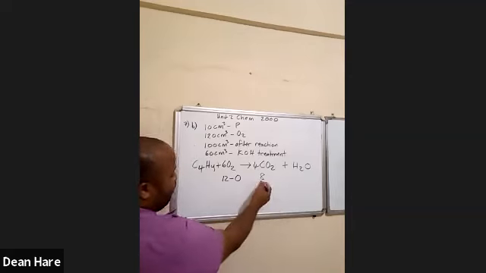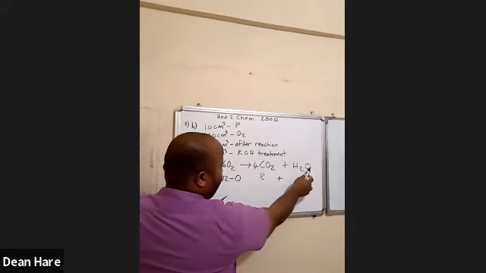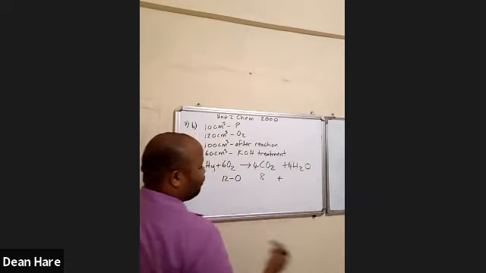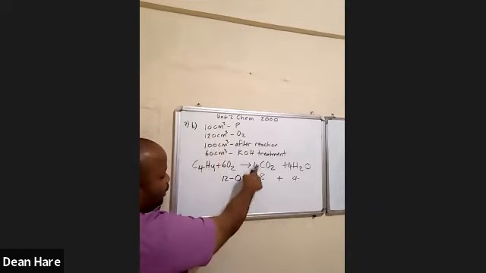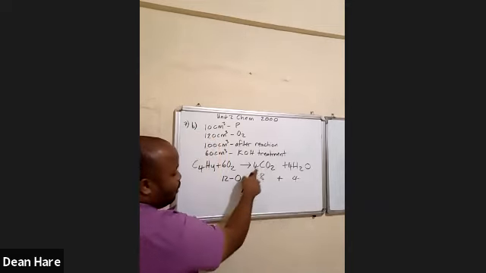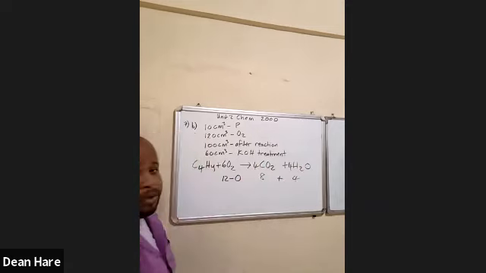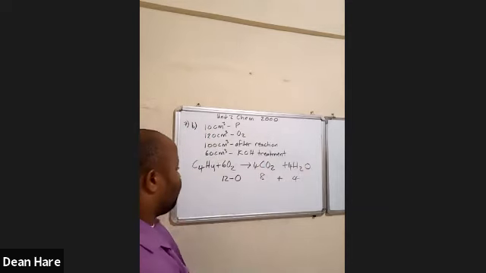So if you already have 8 here, and you only have 1 atom of oxygen in water, 1 times 4 is 4. So you have 8 oxygen in the 4 moles of CO2 plus 4 oxygen in the 4 moles of H2O. So that's a total of 12 oxygen atoms.